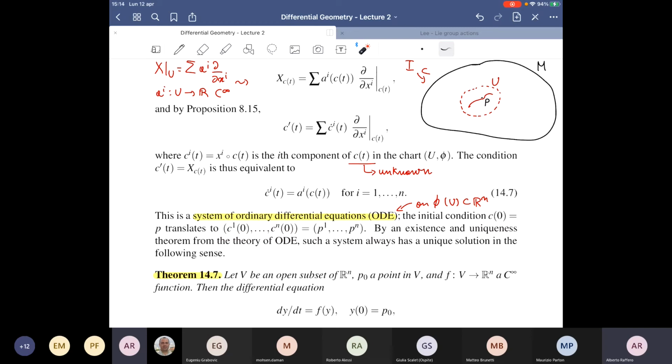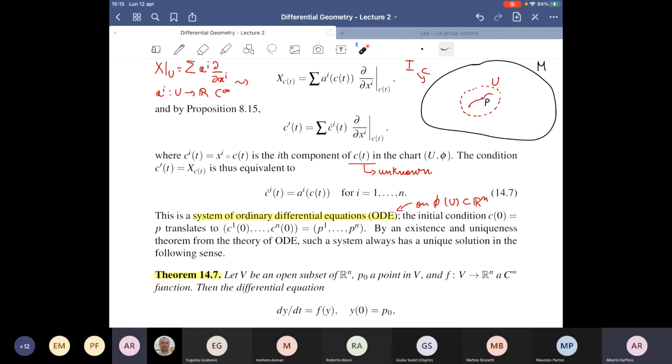So in particular, the initial condition will be given precisely by requiring that at time 0, each component of the curve is precisely the coordinate of the point p we are considering inside the open set in R^n.